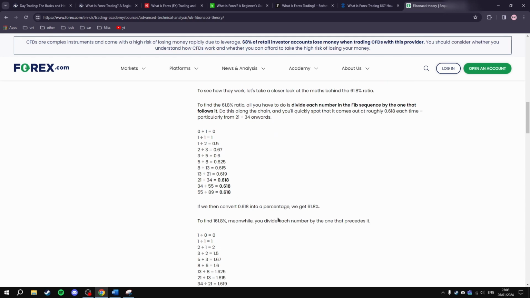To find 161.8% meanwhile, you divide each number by the one that precedes it.